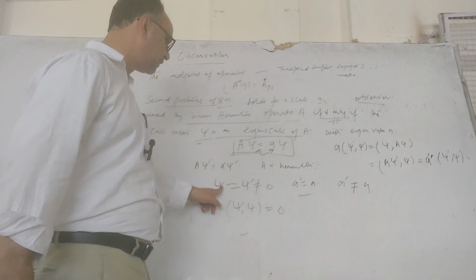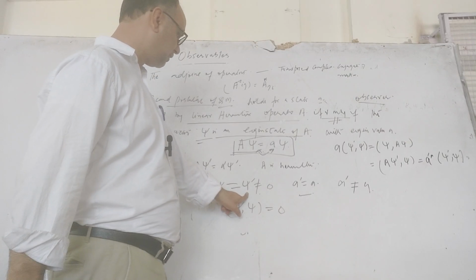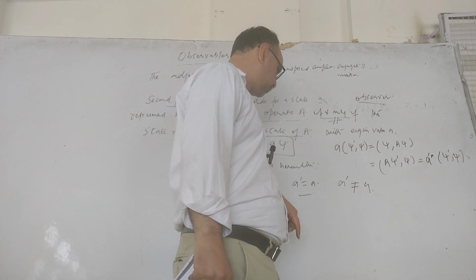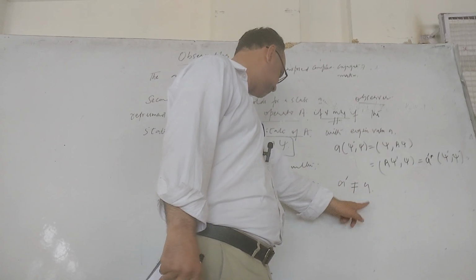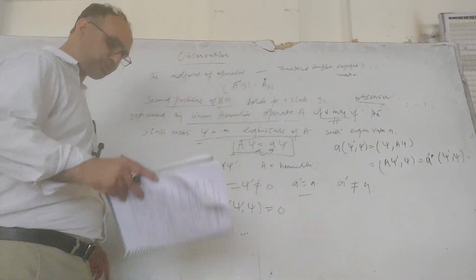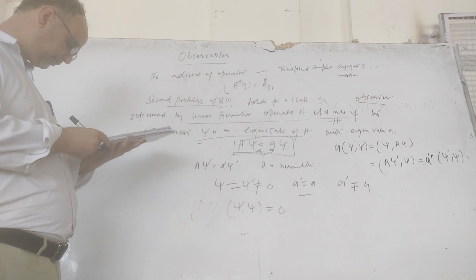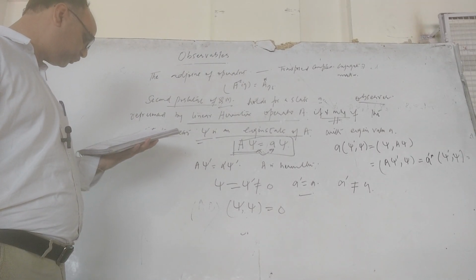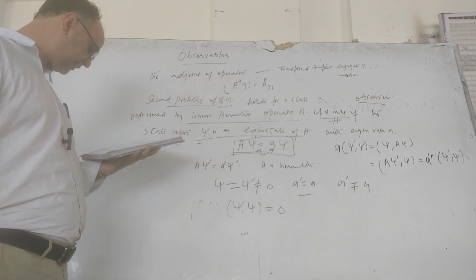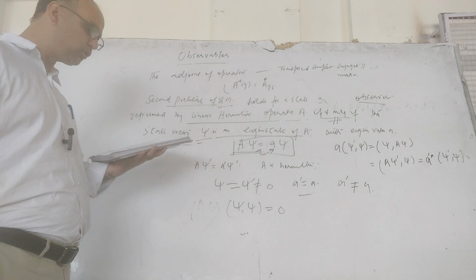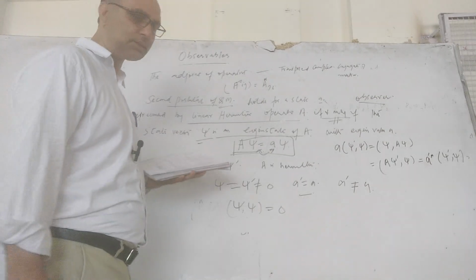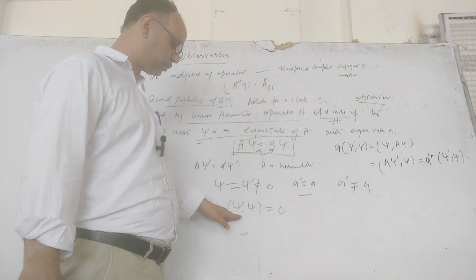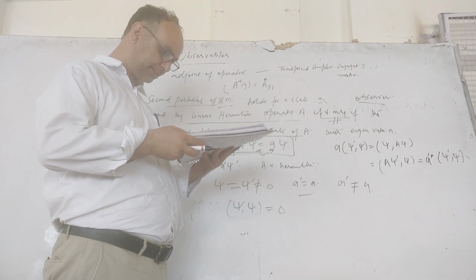So if it is not equal to a prime, this inner product comes out to be 0. These are the allowed values of observables, which are real, and state vectors with different values for any observable are orthogonal. The orthogonality condition is given here.